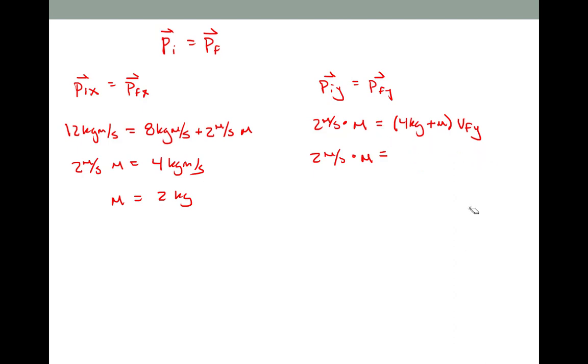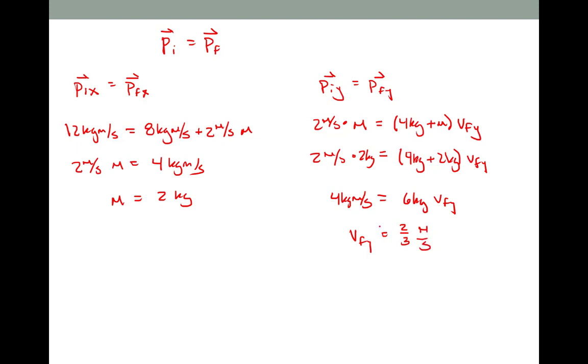What I want to do is plug in the unknown mass. So 4 kilograms plus 2 kilograms, times v final y. That's 6 kilograms times v final y equals 2 meters per second times 2 kilograms, I forgot to plug in the unknown mass here. So that's 4 kilogram meters per second. Or in other words, v final y is 2/3 meters per second.